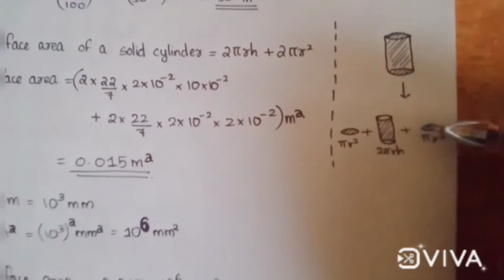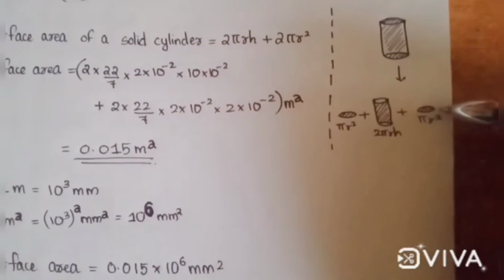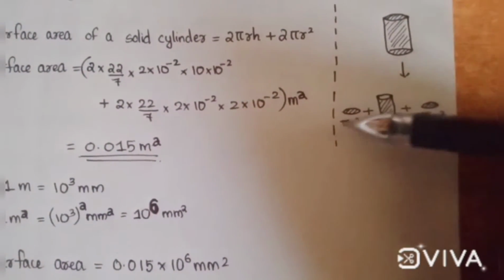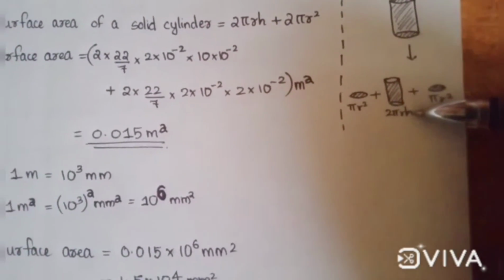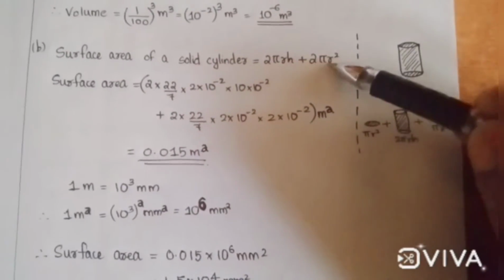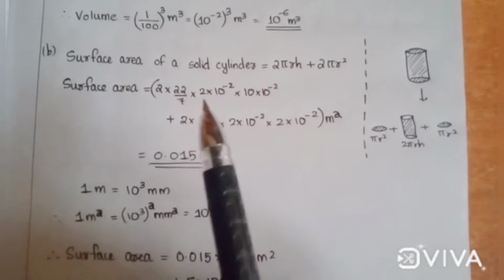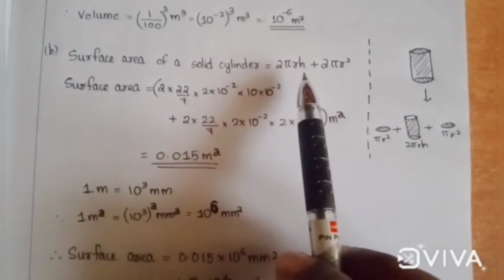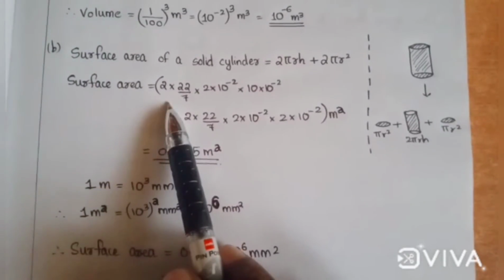So the area of these 2 circular parts is pi r square, and the area of the curved part is 2 pi RH. Adding all these, we will get the surface area of the solid cylinder as 2 pi RH plus 2 pi r square. In the question, it's given that radius is equal to 2 centimeter and height is equal to 10 centimeter.